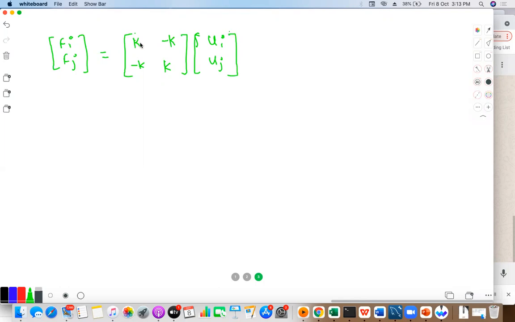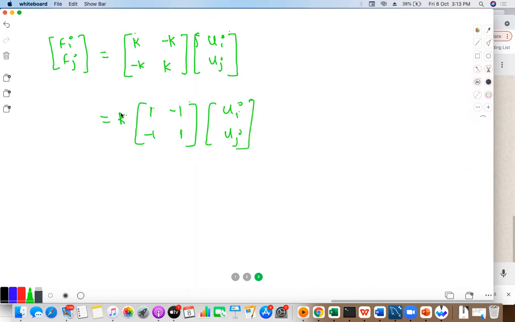Now let me take k as common from this matrix. So k into the matrix 1, minus 1, minus 1, 1, into ui and uj.